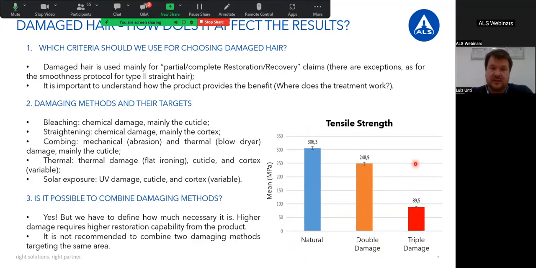This was a really high damage, beyond what any repair could do some good to, because we combined three methods that focus mainly on the cuticle. So we ripped off almost all the cuticle from the hair fiber, and even the best product would not be able to restore this characteristic.